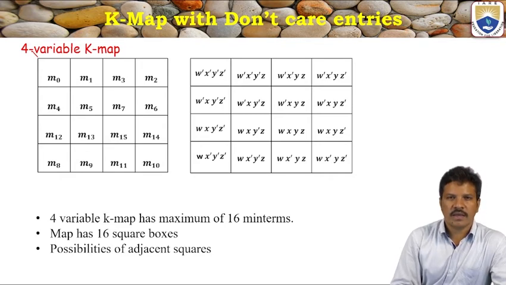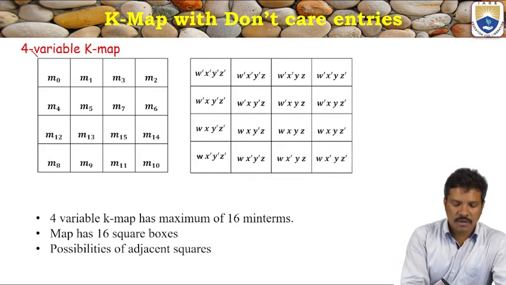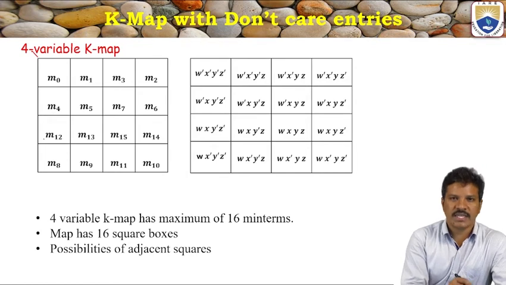So how many adjacents are possible in the 16-square K-map? We can have the maximum adjacents when all are ones in the Karnaugh map.